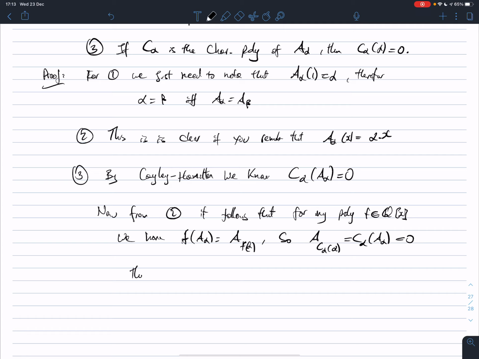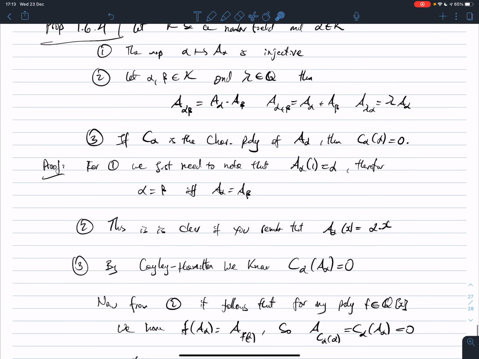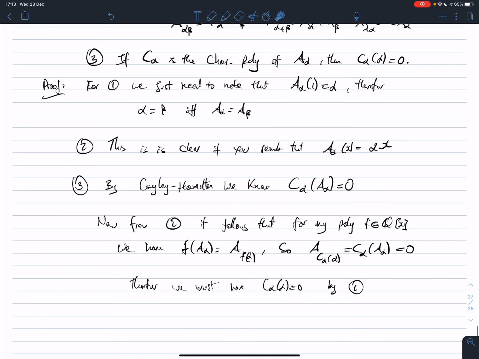Therefore, we must have C alpha of alpha equals 0 by 1, because we were assuming that our map was injective. So we know that this map A alpha to alpha is injective. So if some A of something is 0, then the only possibility is for that something to be 0. And that completes this proof.